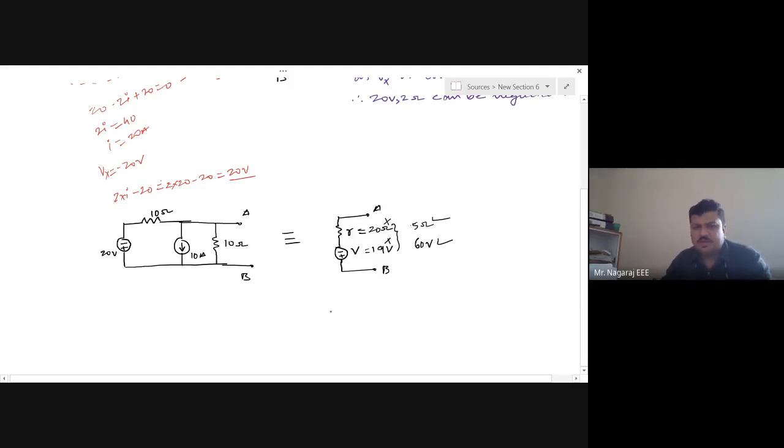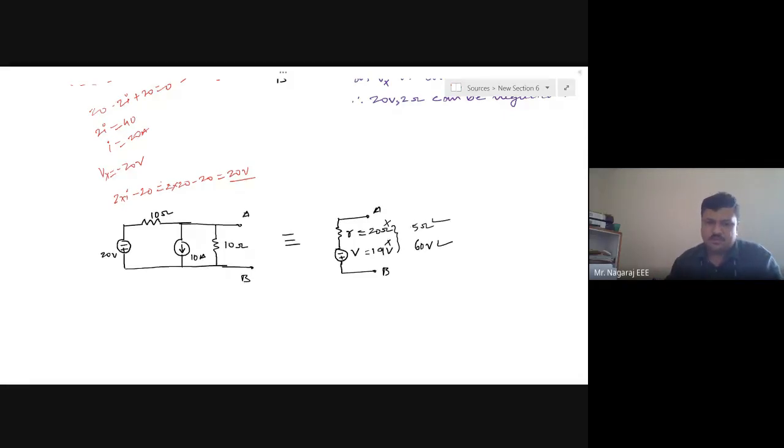So these are very simple examples in source transformation. We haven't entered into source shifting. The complexity rises there when we go for source shifting, a little bit more than this. The general mistake students make is that you think you know how to solve, and there is no doubt that you know how to solve.